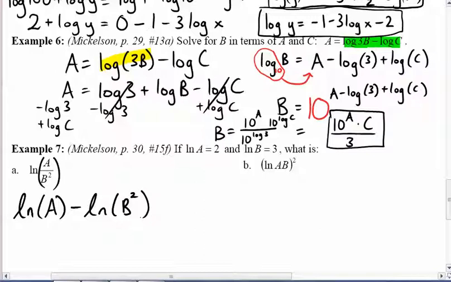I just use the word ln instead of log. Same rules apply. So the power rule still holds. You can still take an exponent and make it a coefficient. Ln a minus 2 ln b.